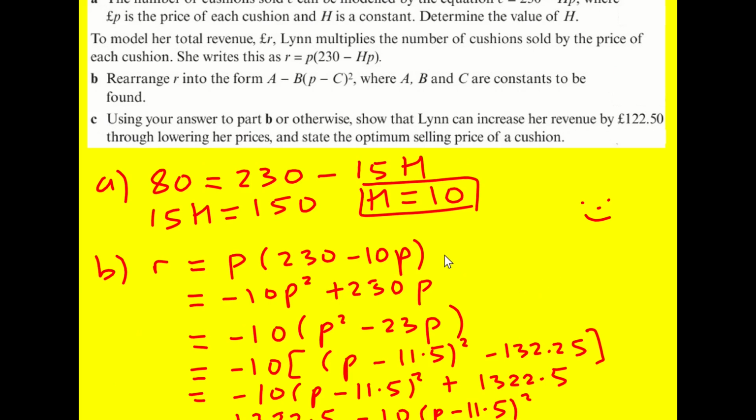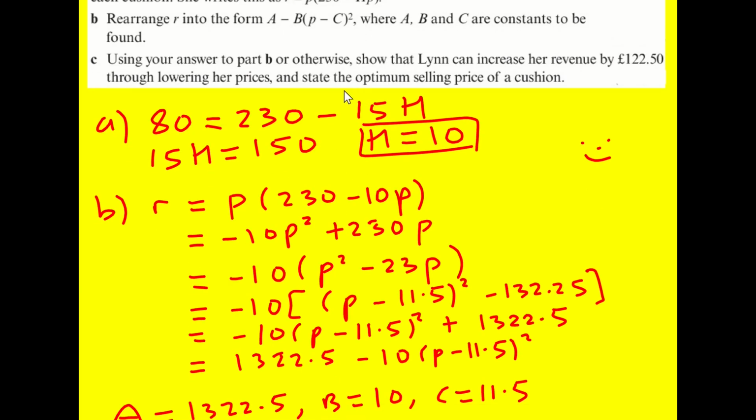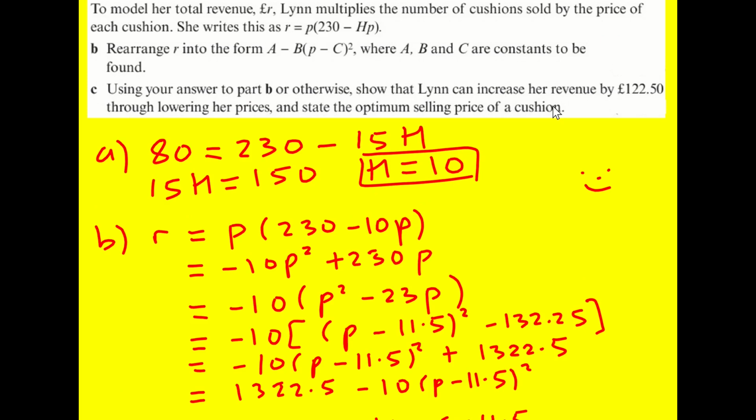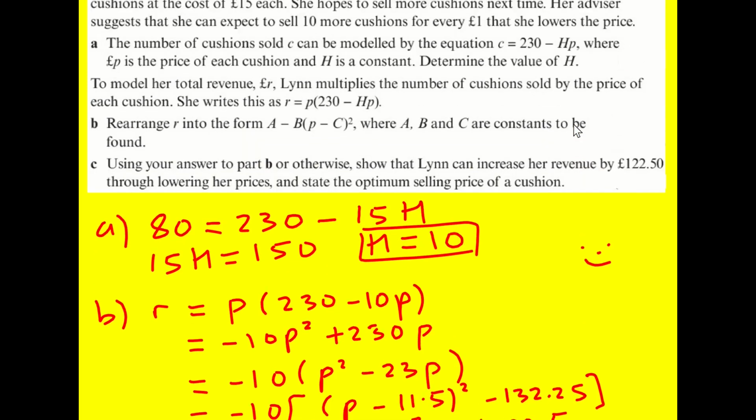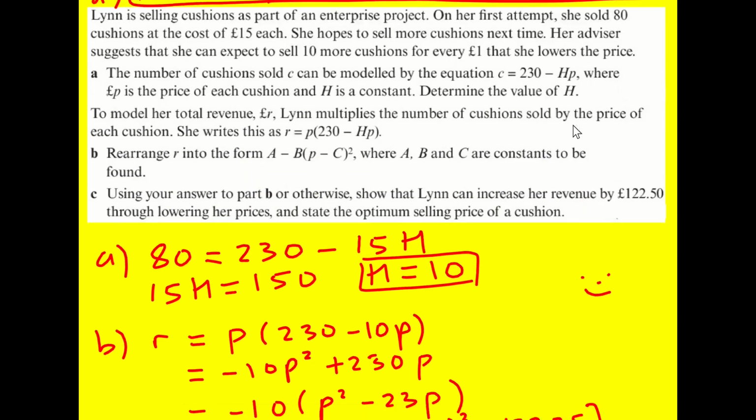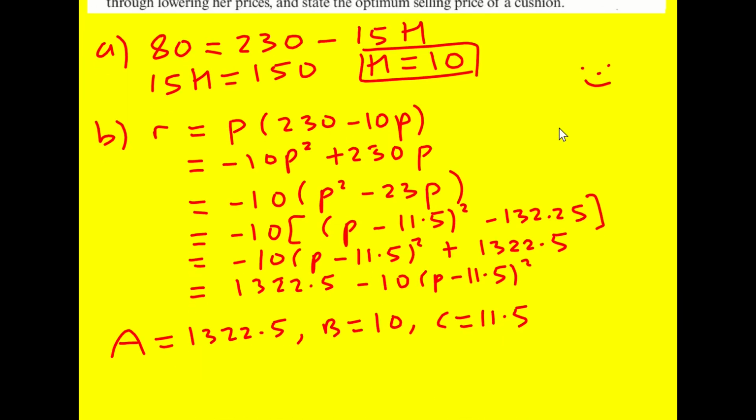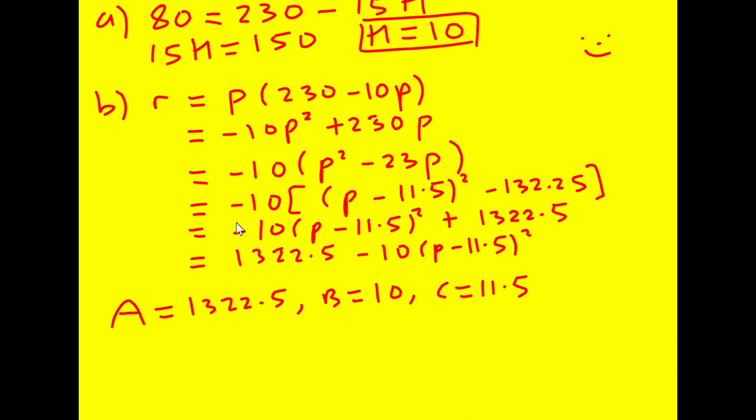Okay, looking good. Using answers to part B or otherwise, show that Lynn can increase revenue by £122.50 through lowering her prices, and state the optimum selling price of a cushion. Okay, so we need to think about this carefully. The maximum profit, or is it profit?